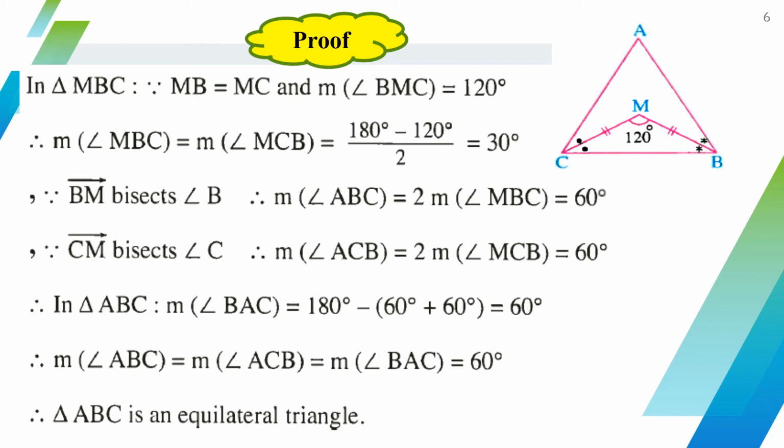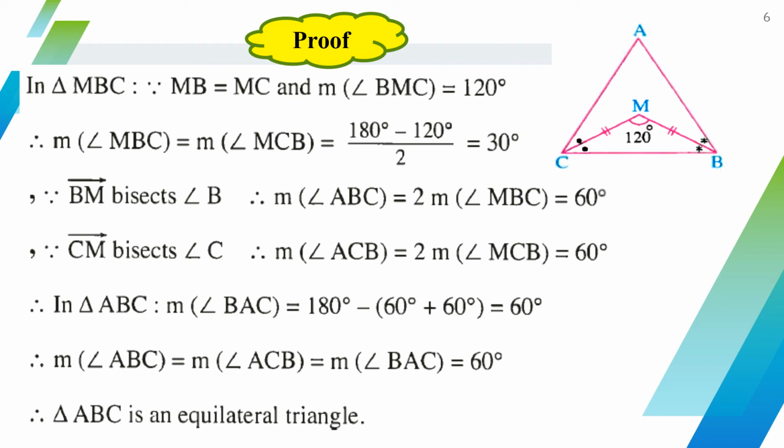Since CM bisects angle C in the same way, the measure of angle ACB is equal to twice the measure of angle MCB, which is equal to 60 degrees. So the measure of angle B equals 60, the measure of angle C equals 60, and to find the measure of angle A, the sum of the measures of the interior angles of a triangle equals 180.